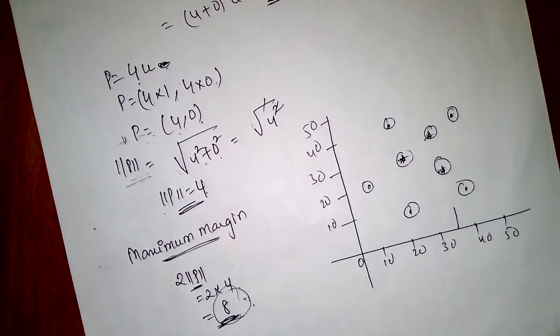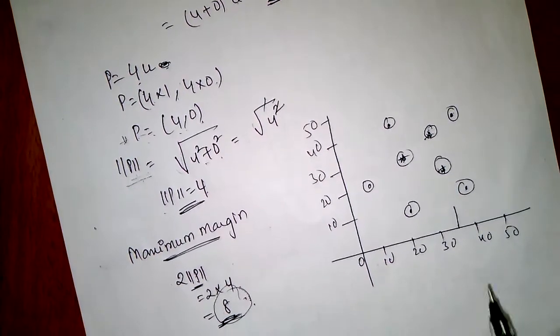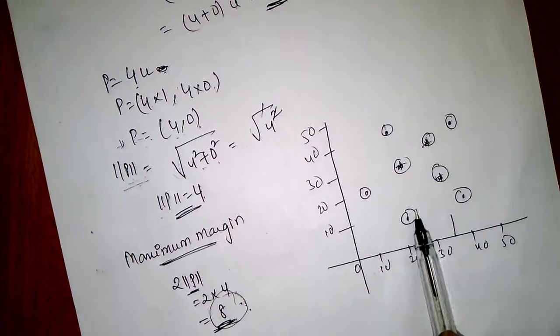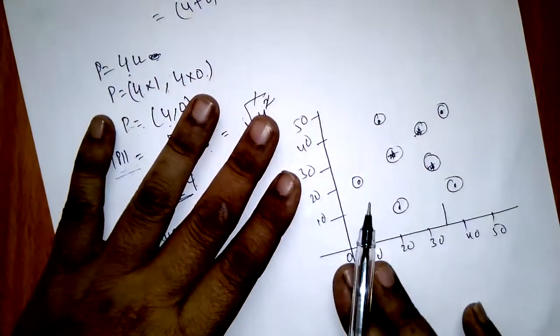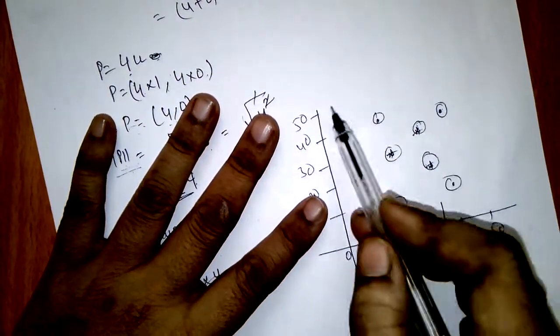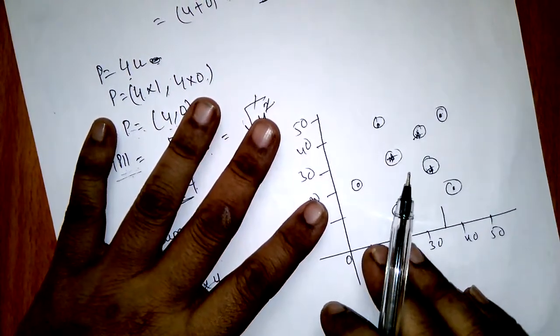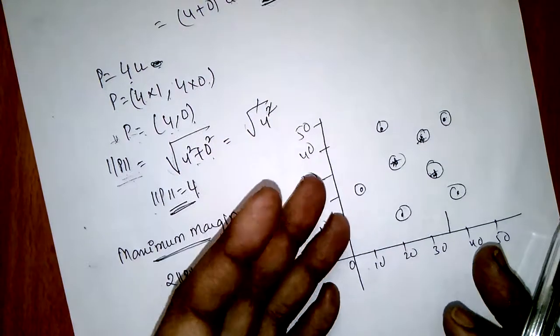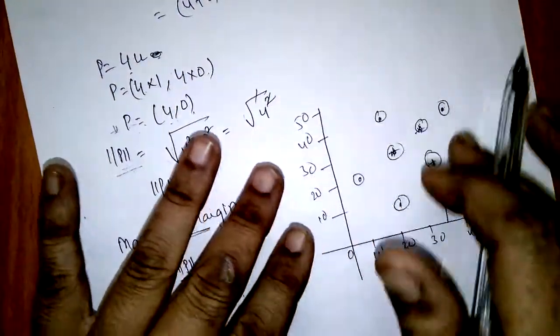The basic idea is that the data is inseparable in the current dimension, here only two dimensions, and we are unable to separate it with a straight hyperplane.